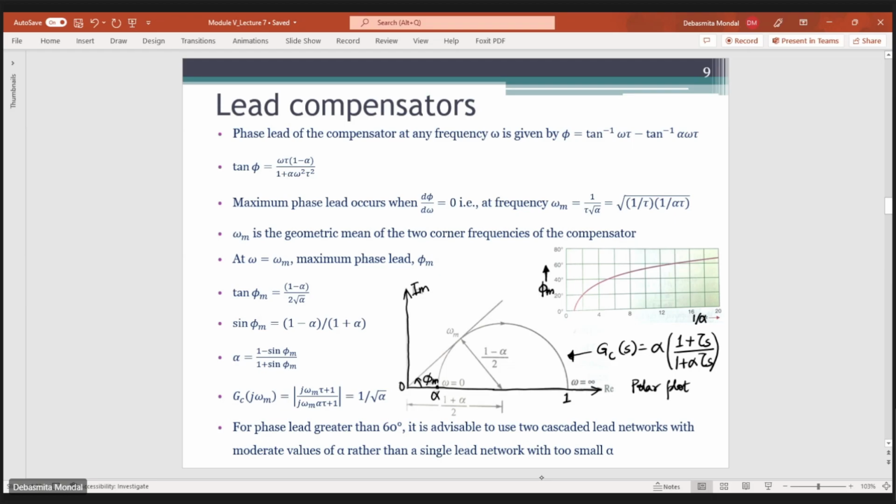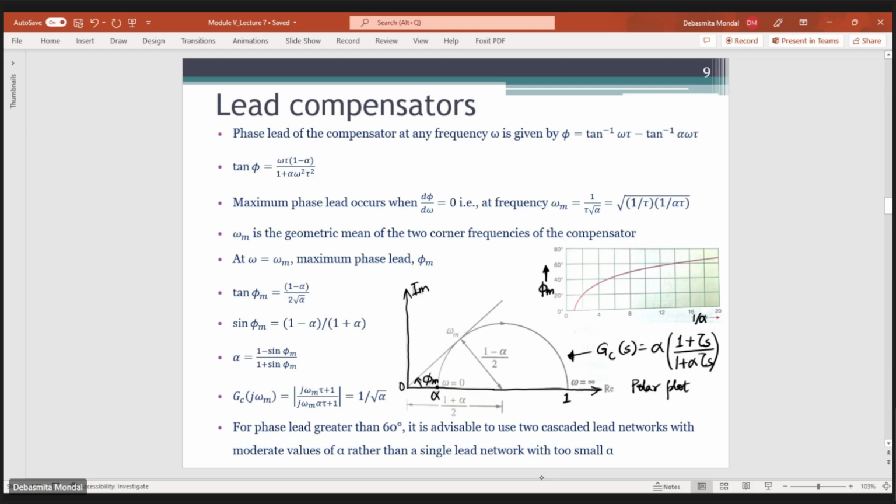Now if we see the Bode diagram of this lead compensator, that is (j omega tau plus 1) divided by (j omega alpha tau plus 1), here we have two corner frequencies, one is 1 by tau, the other is 1 by alpha tau. If you draw the asymptotic Bode plot, till omega equals 1 by tau it is at the 0 dB line.